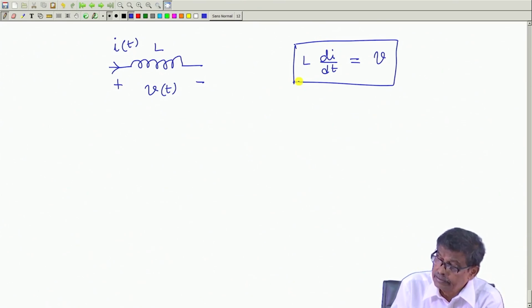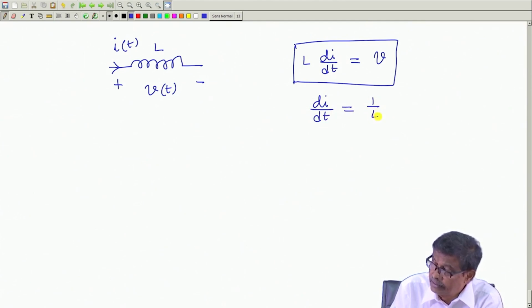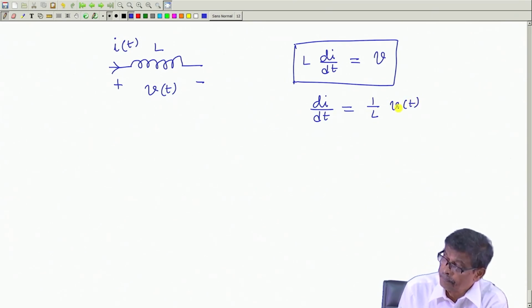So what I have to do? I have to first get dI/dt. It will be equal to 1 by L into V(t), that is all.